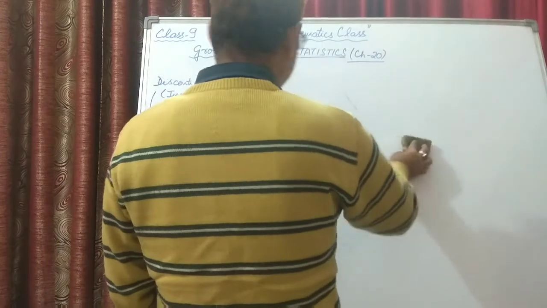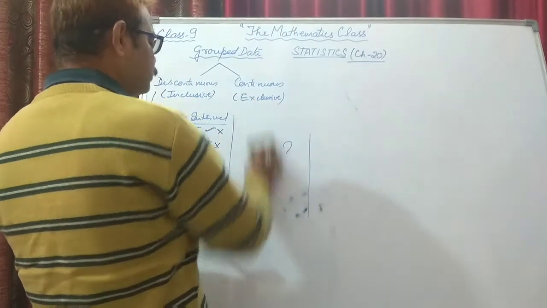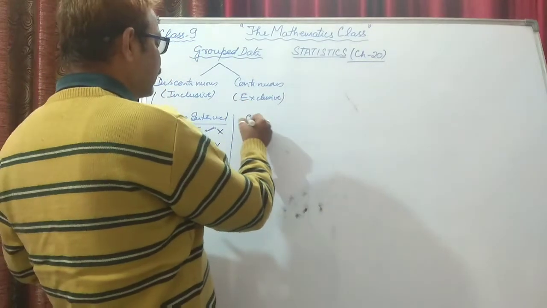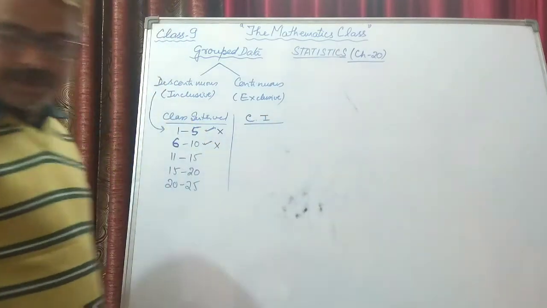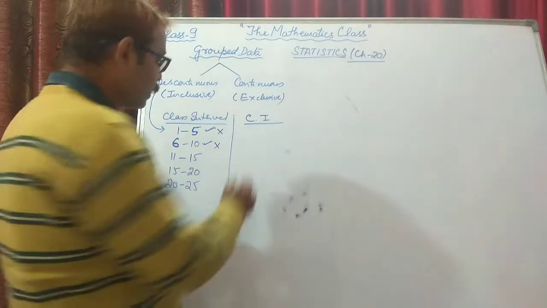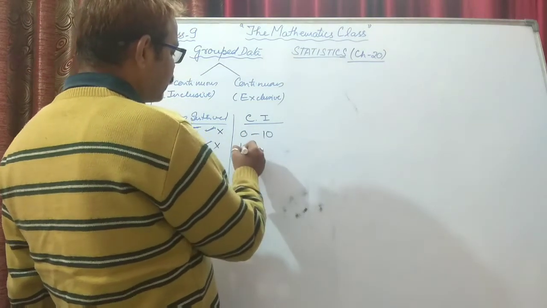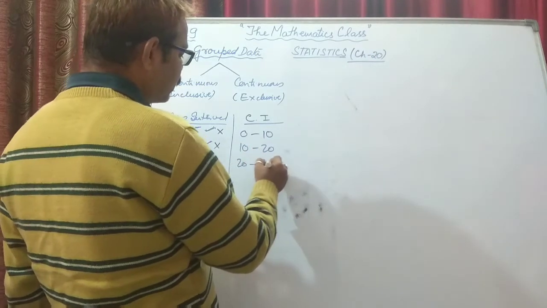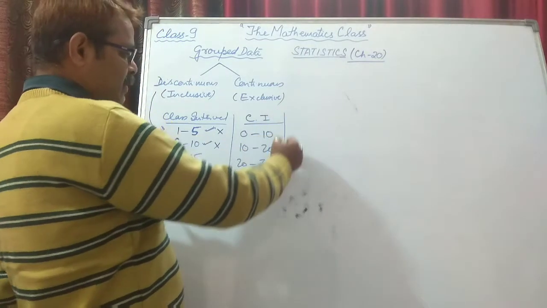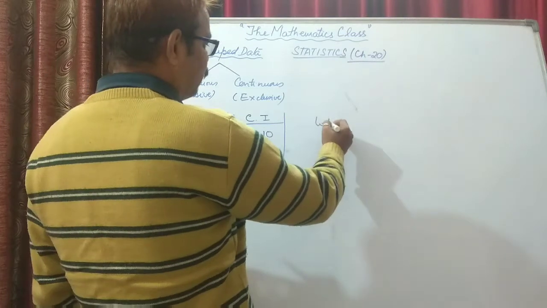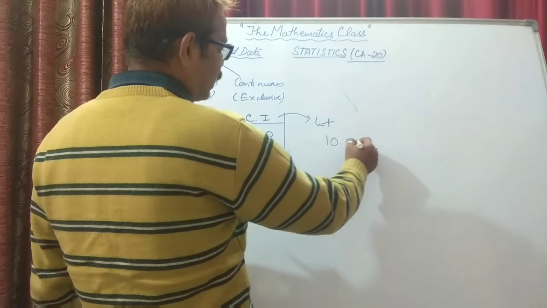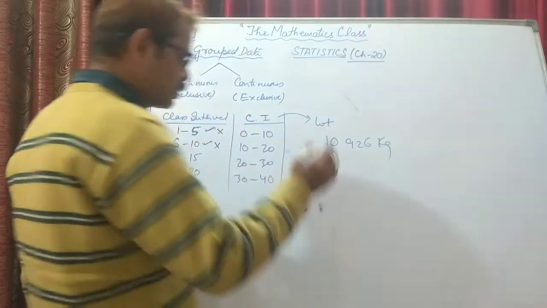Now let us talk about exclusive data. Again I am writing class intervals, and here I am taking 0 to 10, 10 to 20, 20 to 30, 30 to 40, and so on. Suppose this class interval is representing weight, and I have a weight of 10.926 kilograms or whatever units.